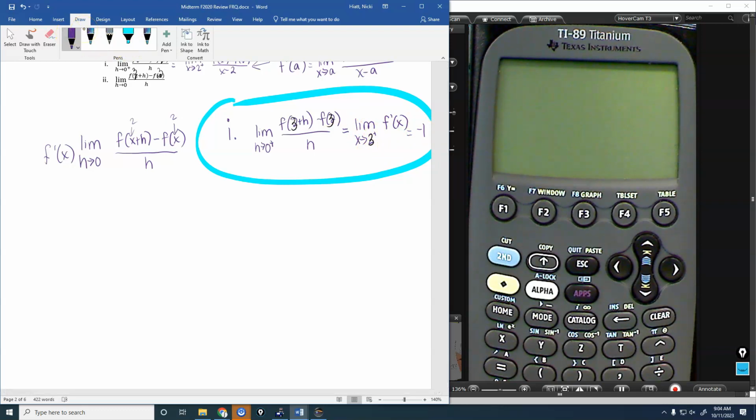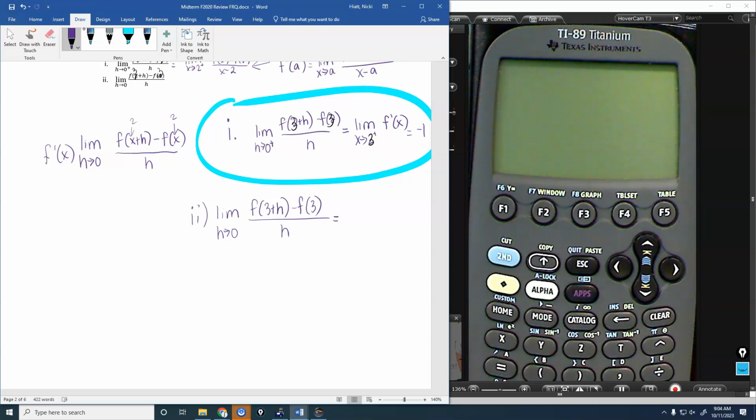What about the second part? What does the limit as h approaches 0 of f of 3 plus h minus f of 3 all over h equal? Okay, it's going to be does not exist.